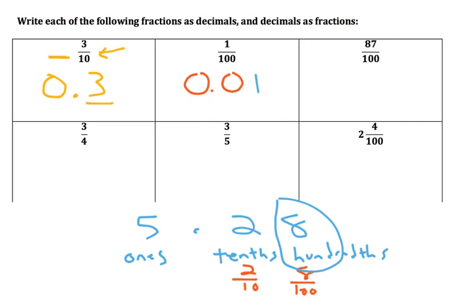Alright, so 87/100ths. I think this confused some people at first, but you can't literally fit all of the 87 just in the hundredths place. But every time you have more than 10 hundredths, it shifts over to being a tenth. So 87 hundredths is basically the same thing as 8 tenths and 7 hundredths.